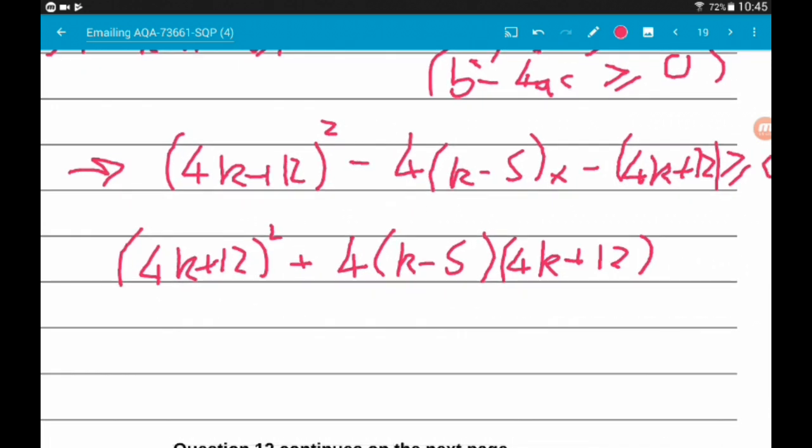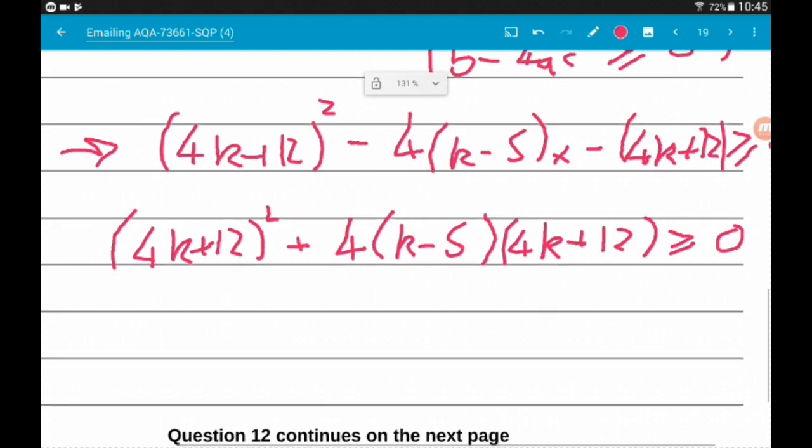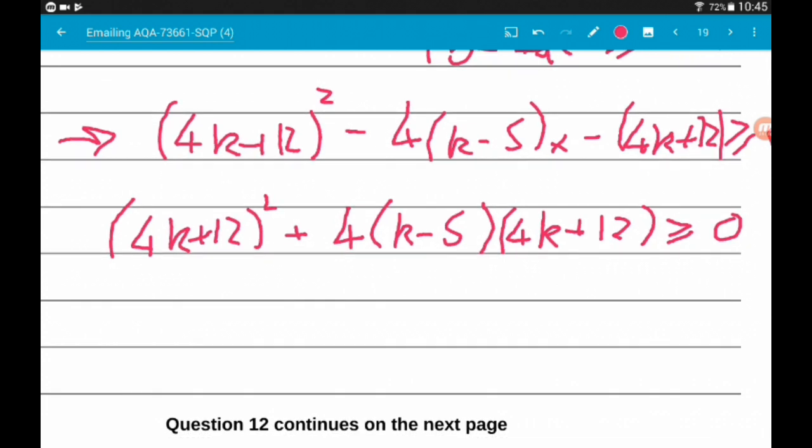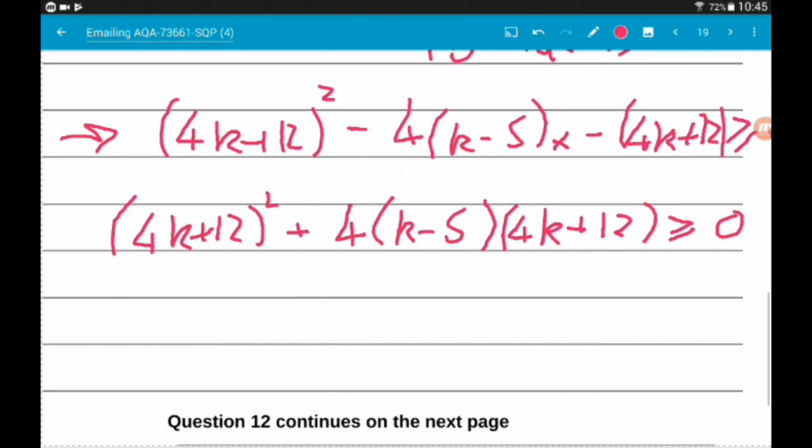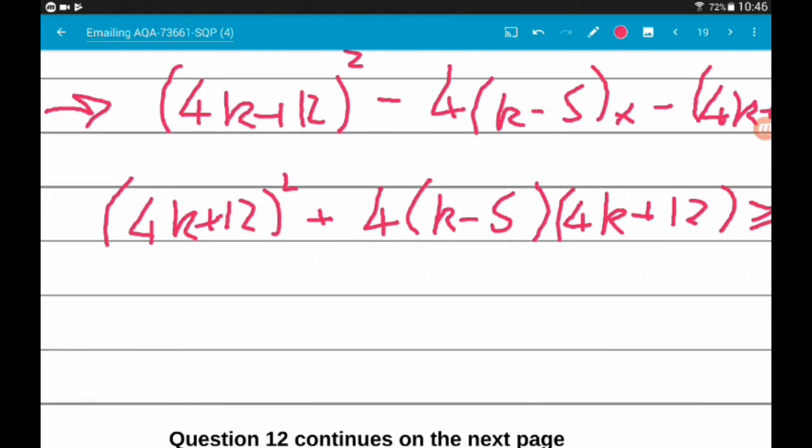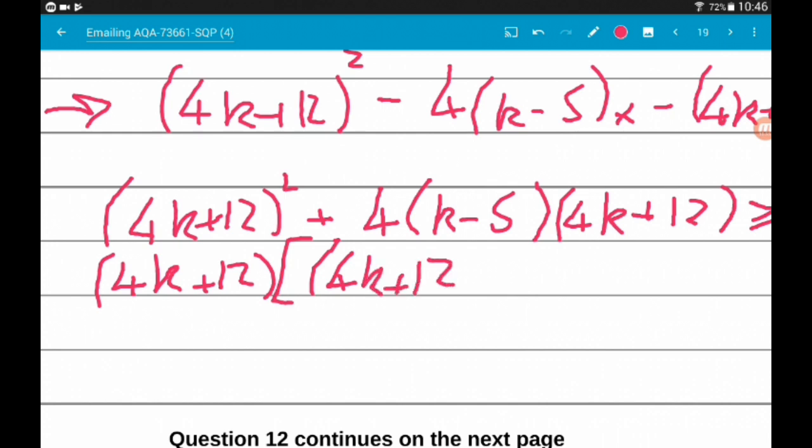Okay, so that is greater than or equal to 0. We've now got a common factor of 4k plus 12. So we could factorise this a bit and say, well, we've got (4k plus 12) lots of (4k plus 12) at the start, and then add 4 lots of (k minus 5).